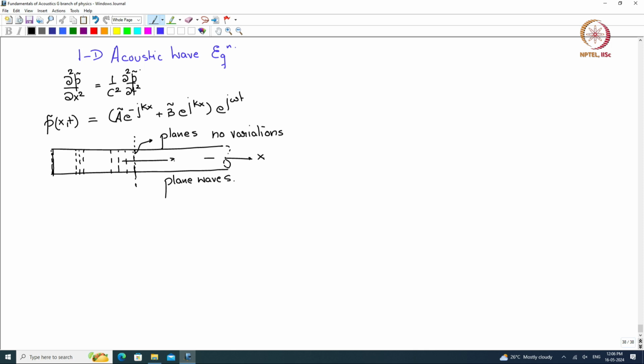Now typically what happens is that either you have a very long pipe or a pipe with a finite length, but on one end it is excited or driven by a speaker or some acoustic source. We call it a volume velocity source.